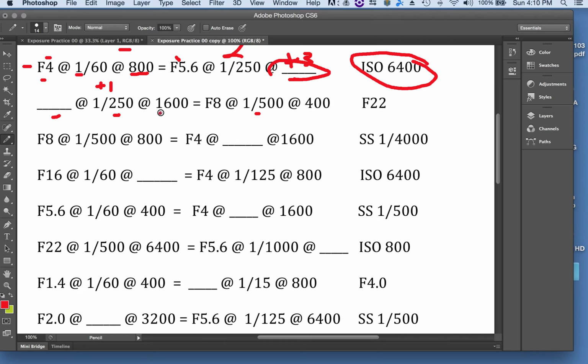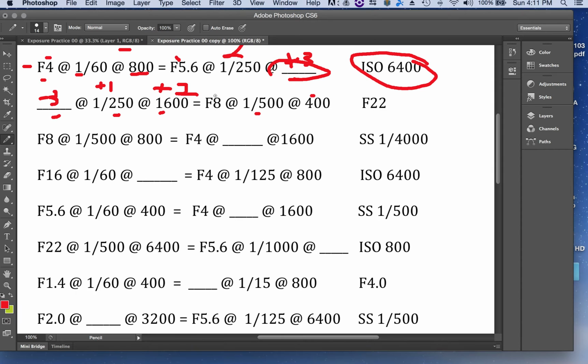And then we look at our other known factor, which is our ISO. 1600 is more sensitive than 400, right? 400, so by how much? 400, 800, 1600, more sensitive by a factor of 2, for a total of +3. So this needs to be -3 to compensate.